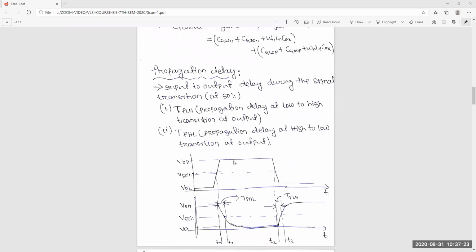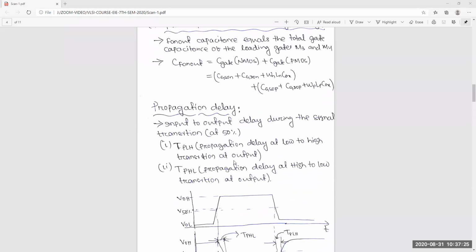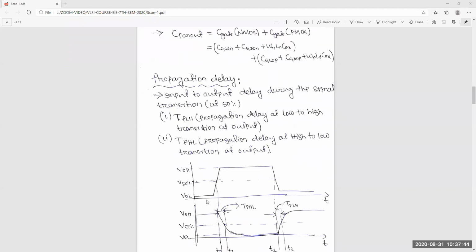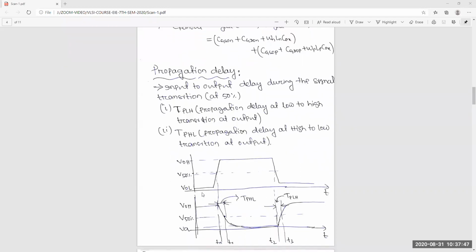Now you can see the propagation delay. What is the definition of propagation delay? This is the input to output delay during the signal transition at 50%. Generally, when we calculate the propagation delay, it is calculated at 50%. Here this is the input. We are giving a 0 to 1, low to high voltage at the input, and we are getting a high to low voltage at the output.